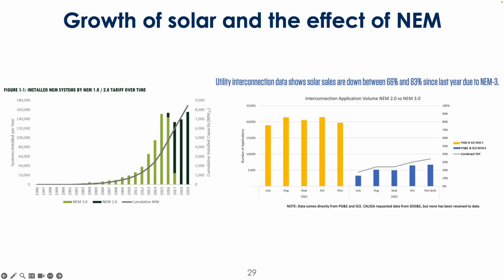Still, remember, there's this fundamental equity issue. As a low income consumer of electricity, I have been forced to pay all of these rates that were put onto me from NEM 1.0, NEM 2.0.